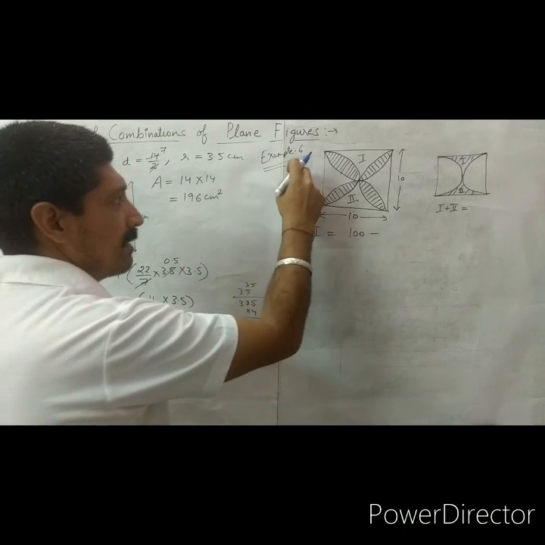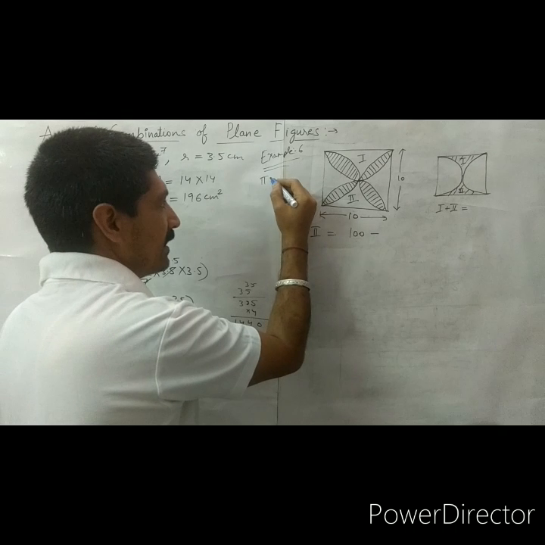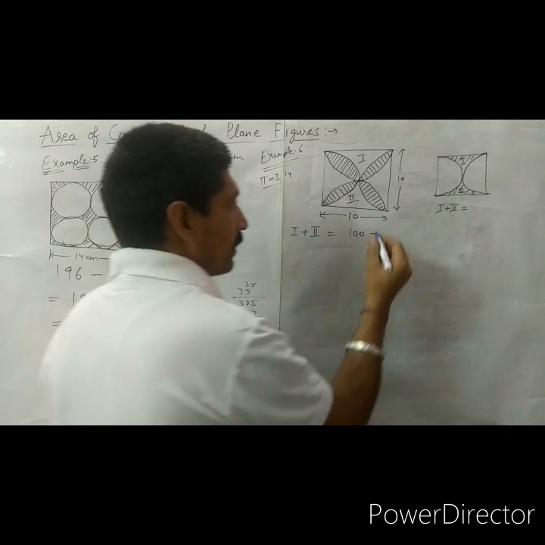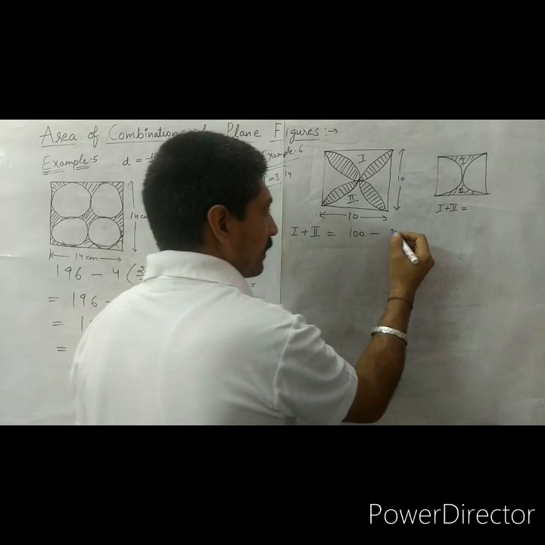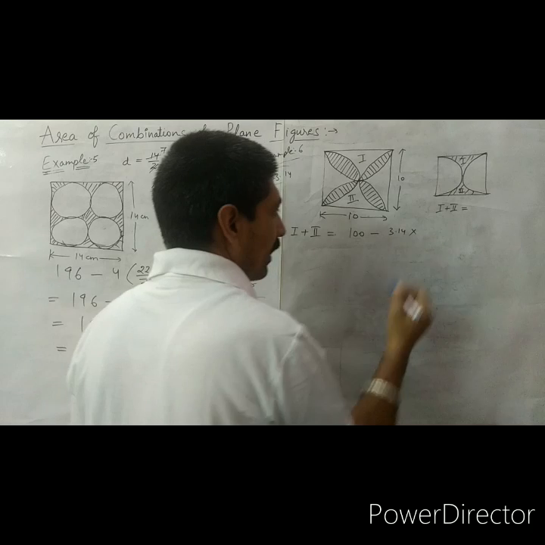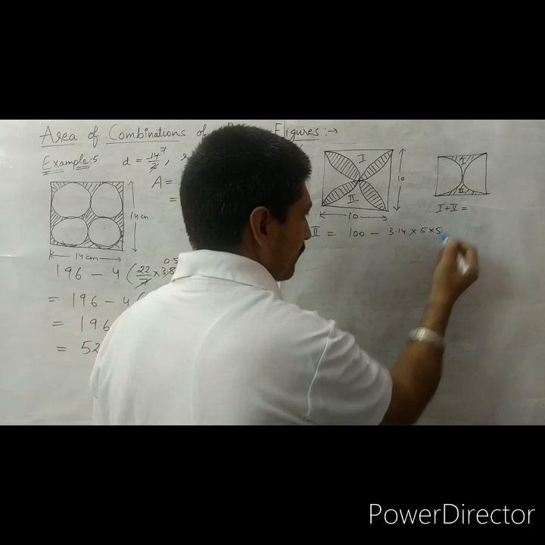here in this example they are saying use pi is equal to 3.14. So here r is 5, apply 3.14, r is 5 into 5.